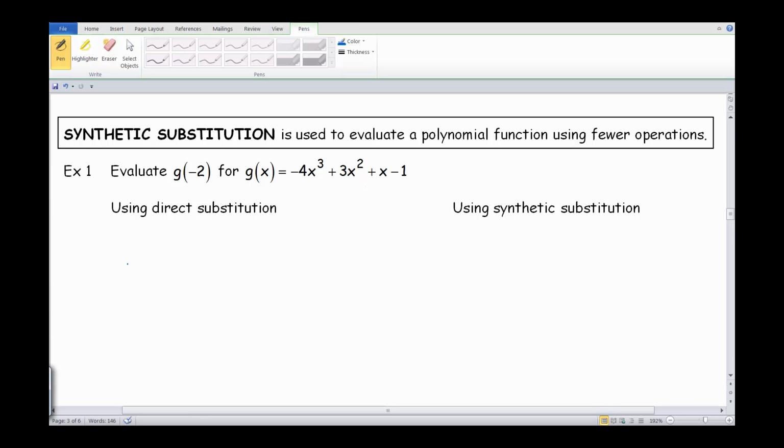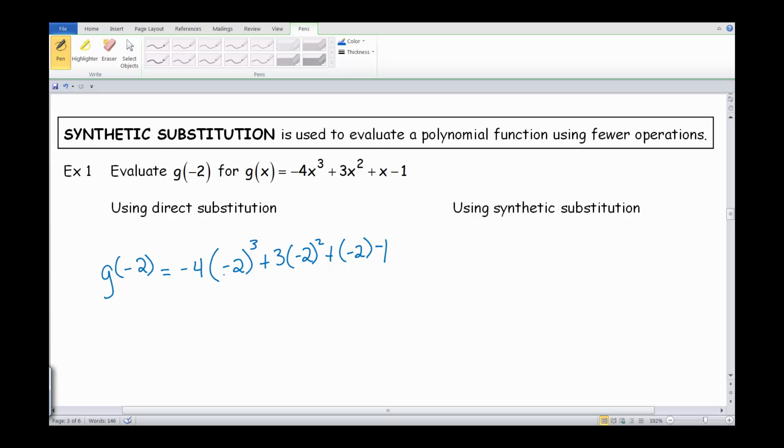So when we do that, we end up with g of -2, in other words, throwing -2 in for x into the function. We end up with -4 times -2 being cubed plus 3 times -2 squared plus -2 minus 1. Again, this is just direct substitution.